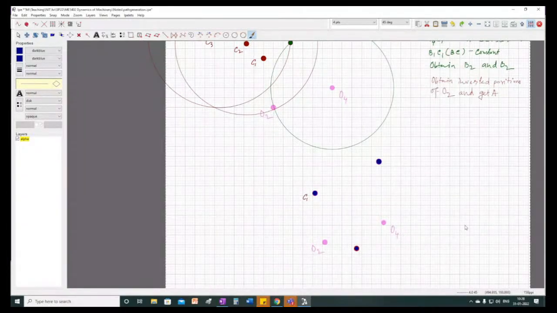Let's write it, this new O2 point. This is our new O2 point, O2 inverted with respect to position 1.